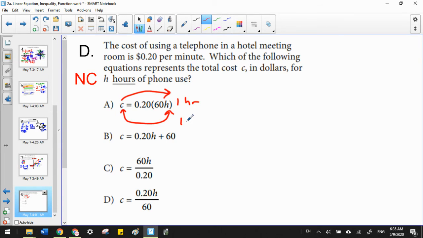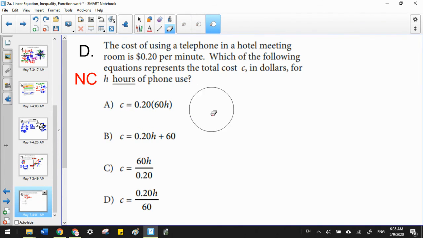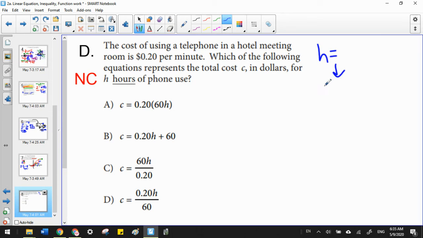If I say 100 hours, C will give me the correct cost for 100 hours. So that being said, I am going to make my own H value in order to get my own C value. And out of these 4 equations, only one of them is going to have a matching situation to the random numbers that I'm about to pick. And I want to make this thing as easy as possible. So I am going to pick H equals 1 hour.